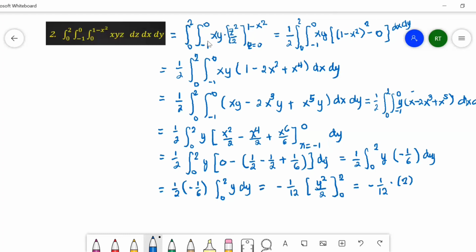Hence, we have negative 1 over 12 times 2, which is equal to negative 1 over 6. Therefore, the integral is negative 1 over 6. Okay, so I hope that you were able to follow the discussion.